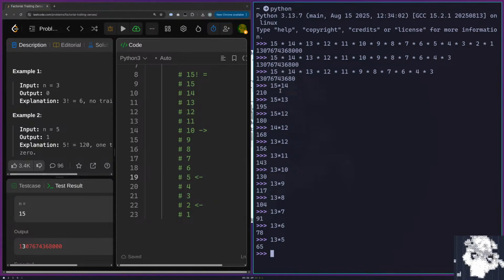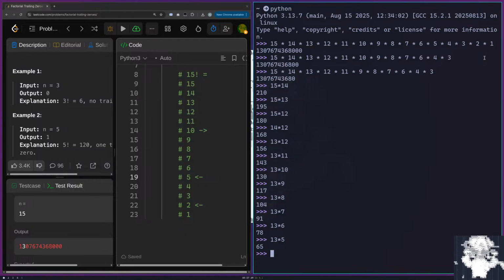Or maybe I could take the product, like we actually go through the number and take the product. Every time it's divisible by 10, we divide it by 10, and then we keep going. But aren't we gonna end up with huge numbers?